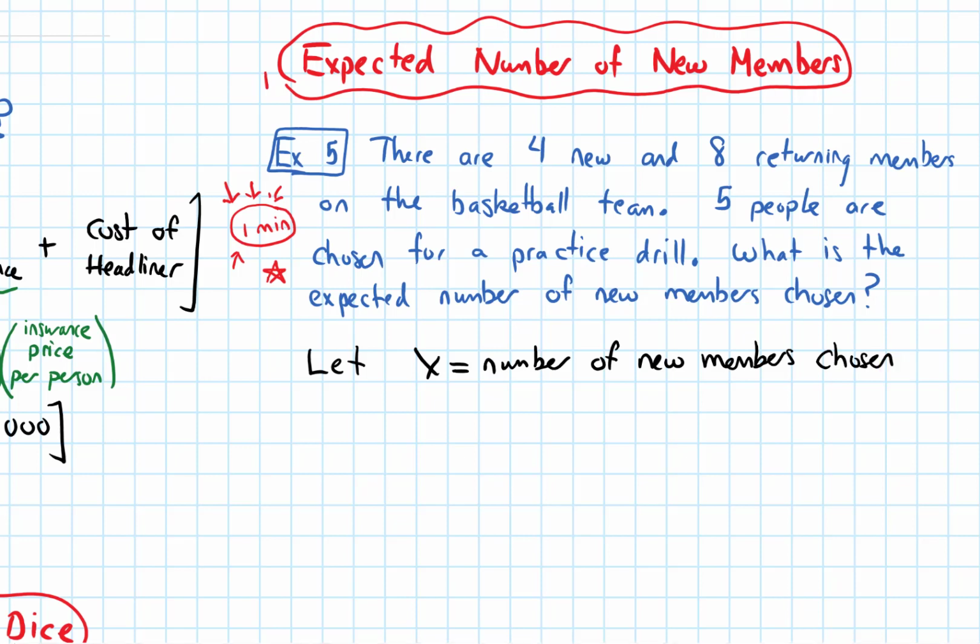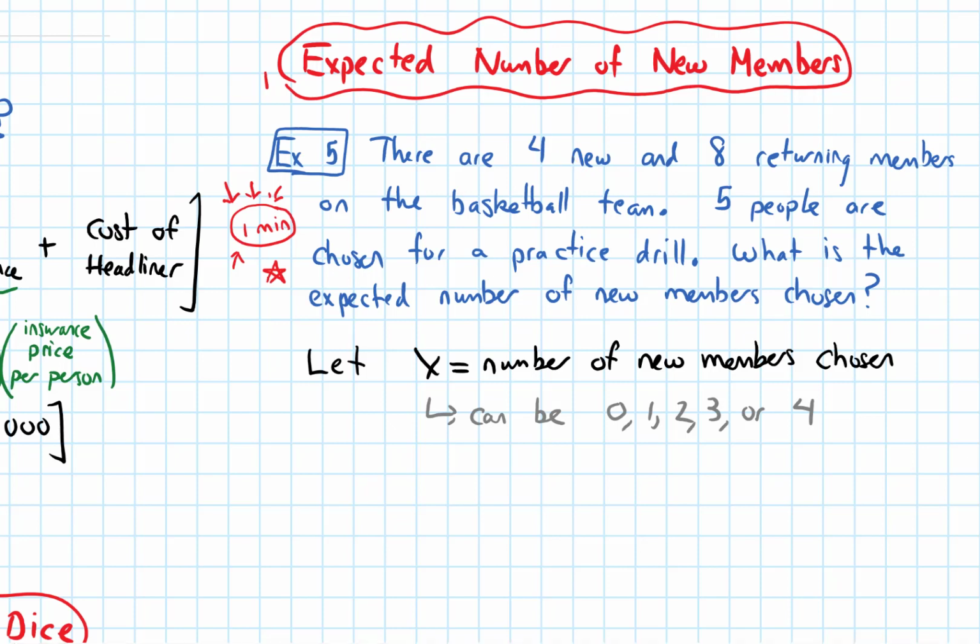So now let's list the values that this could take on. This can be however many new members that we could have in this group of 5 that's chosen. So either that could be 0, there's no new members, or 1, or 2, or 3, or up to 4, because we have only 4 new members total.